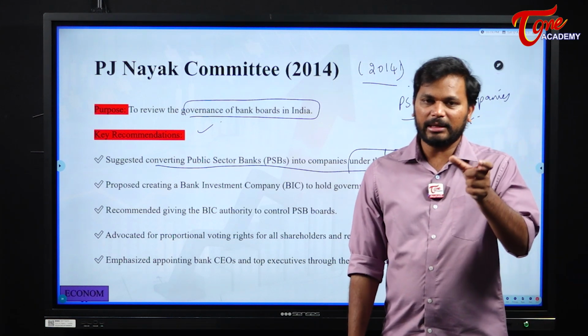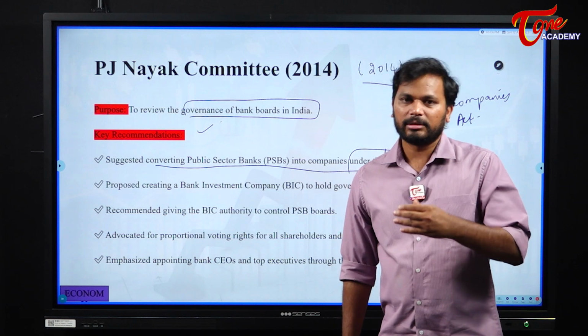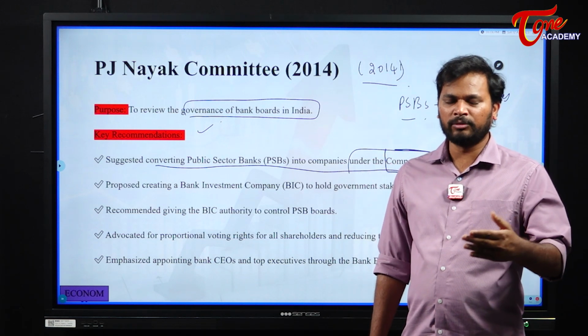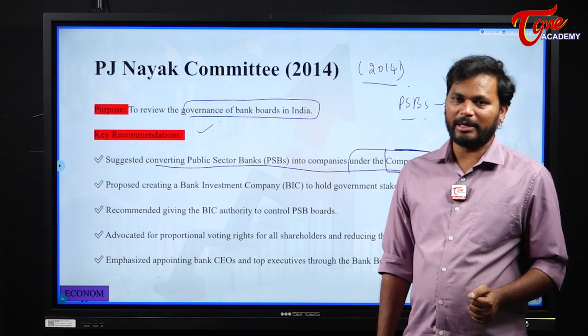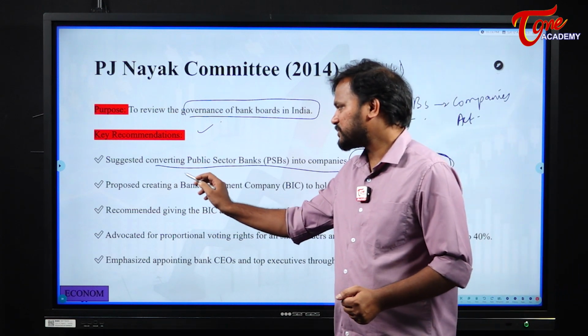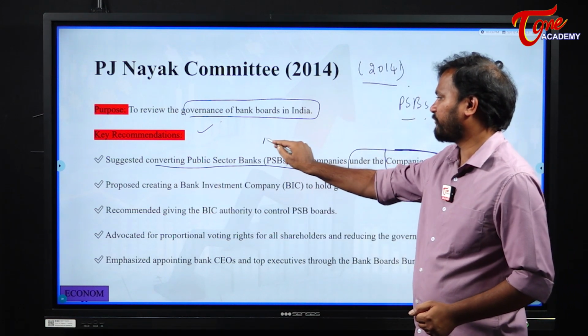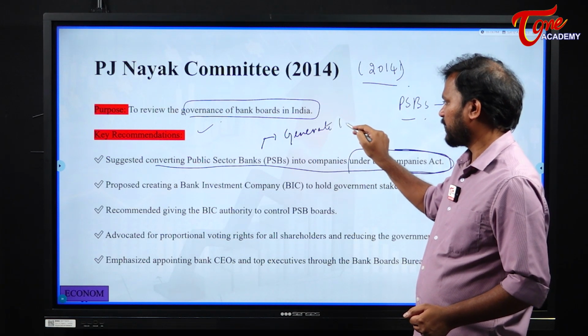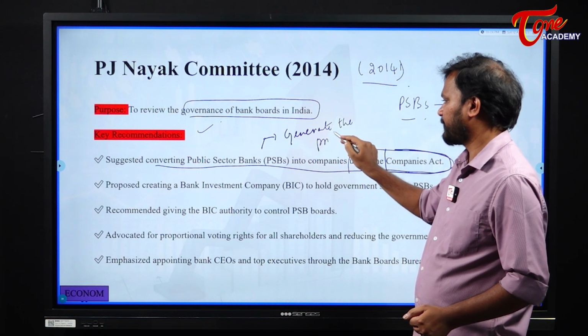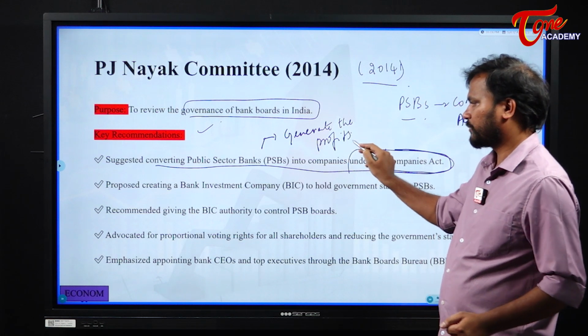It needs to be treated as a company where profit generation should be allowed and deregulation should be provided. As a consequence of that, it will generate profits.